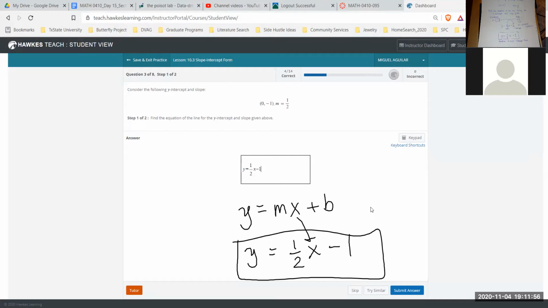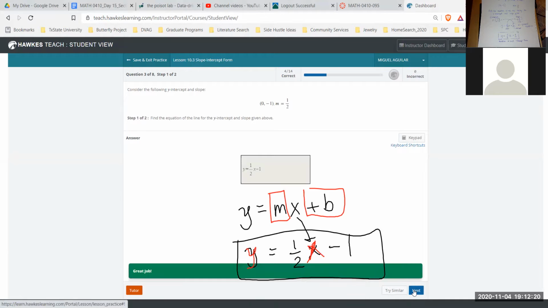So the only thing that we're plugging into the general formula is the number for m and whatever the number for b is. You're going to leave the y and the x alone. Those need to be in the formula. If you forget the x, you'll get it wrong. Okay. So just be careful about that. Submit the answer, and then you should be good to go.